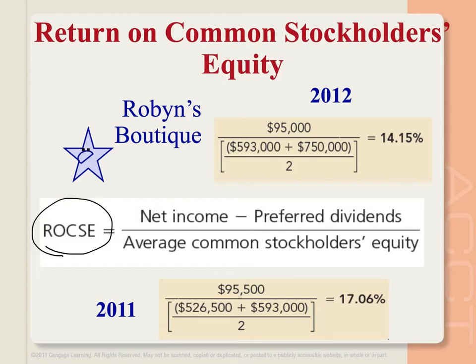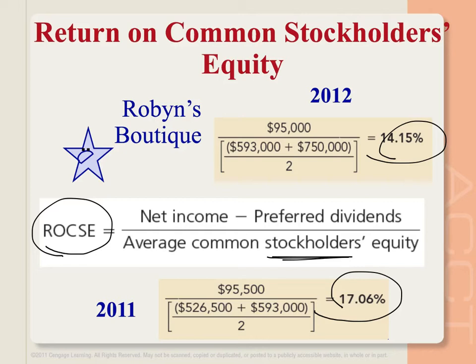These ratios indicate that the common stockholders are earning about 17% return in 2011 and about a 14% return in the current year. Remember that your stockholders are the ones who give you money in exchange for stock. So the fact that they gave you $10,000 and it's earning 17% or 14% is a very good investment.